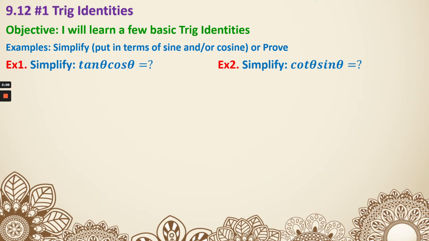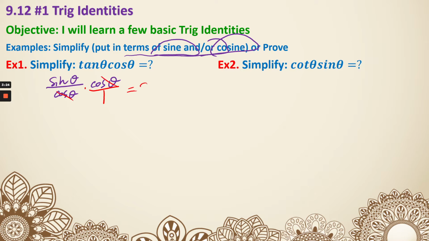First, simplify. And when we say simplify, we mean put in terms of sine and cosine. So tangent, we need to rewrite it into sine theta over cosine theta. Then we see it is multiplied by a cosine theta. If you don't know how to treat that, you can always put it over 1. So it's basically two fractions multiplying each other. The cosine cancels. That simplifies to be just sine theta.